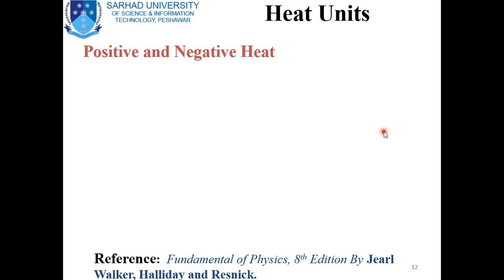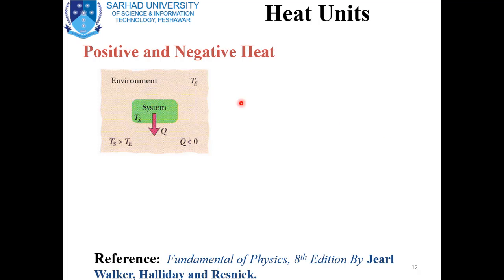Now in this slide we will present some figures which will show us that heat can be taken or added to the system. So in the first figure we have a system and its environment. TE represents the temperature of the environment, while TS represents the temperature of the system.